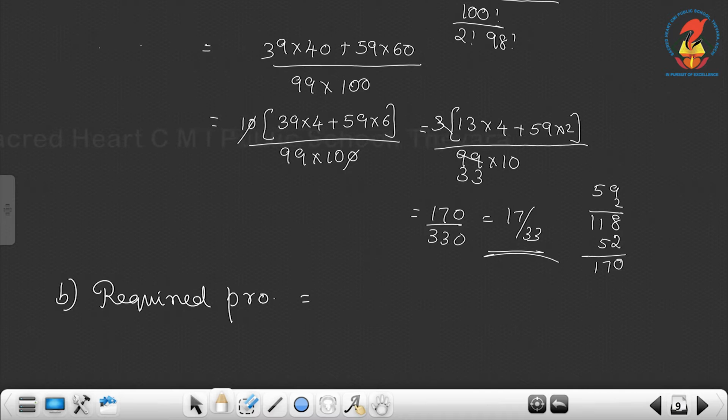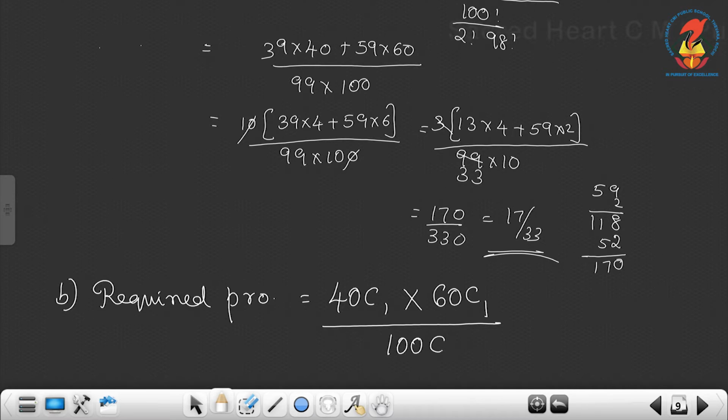Required probability is equal to 40 C1. One is in one section, the other is in the other section. So both we have to multiply, then only the total becomes 2. Okay. So 40 C1 into 60 C1, then only 1 plus 1, 2 students. By the total, total is 100, from 100 choose 2.